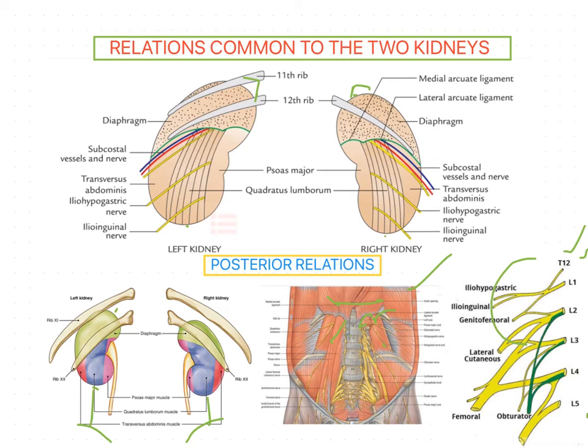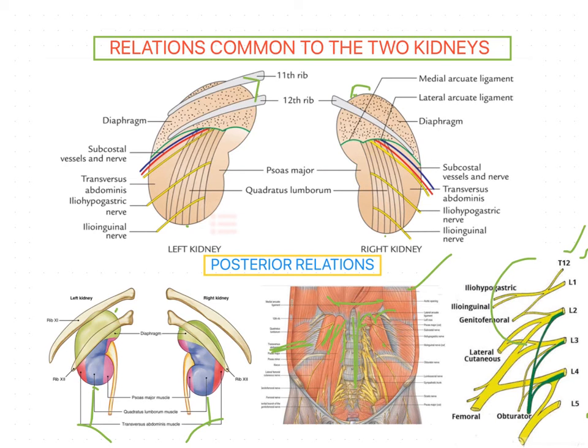What are the muscles medial to the vertebral column? The first is the psoas major muscle, and the next one is the quadratus lumborum, and this muscle is the transverse abdominis.